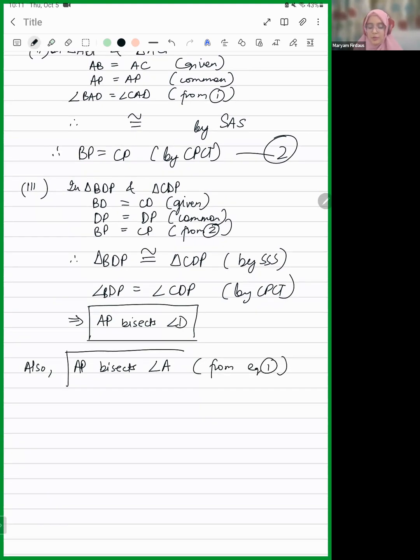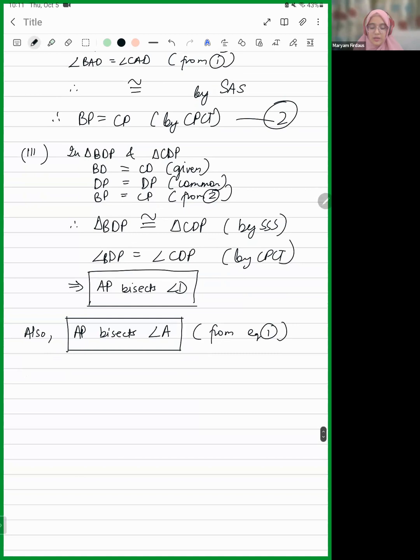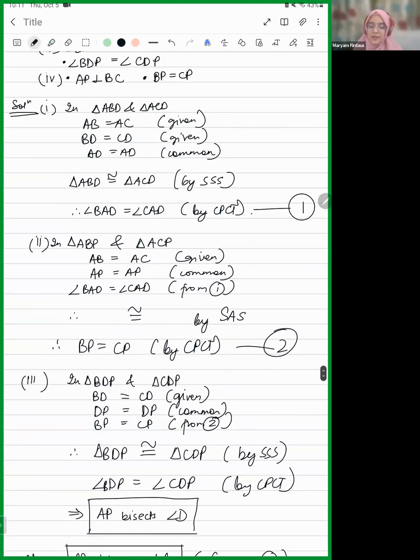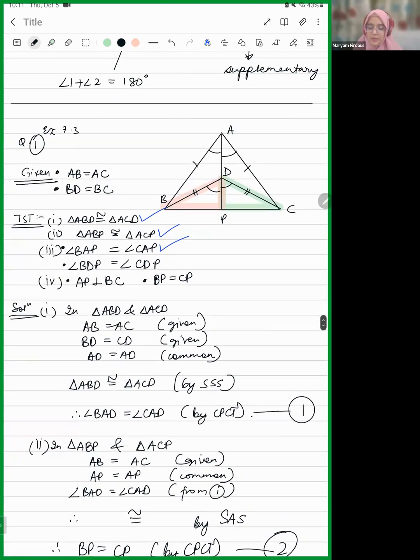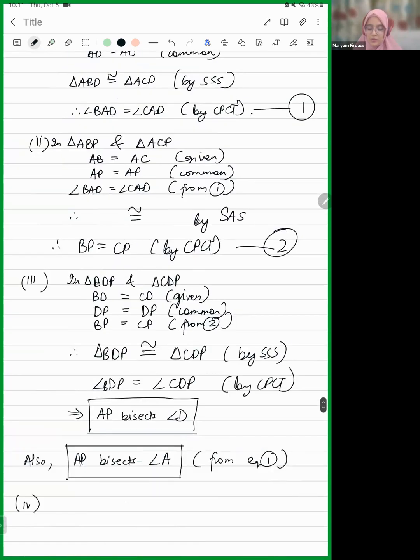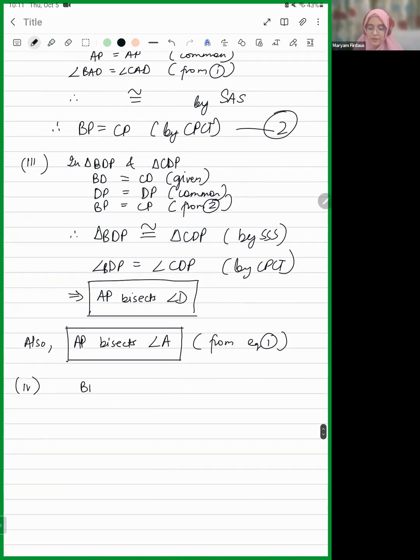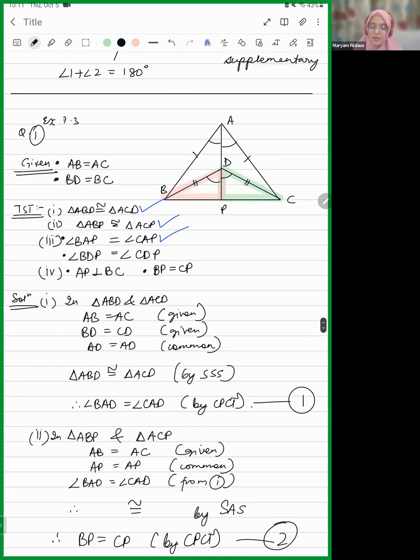So this also you have to write so that the teacher knows that this kid has written the answer for this particular question. Then the fourth one is asking you to show that BP is equal to CP, which we have already shown. So kindly put it inside a box after you show it, okay? From equation 2. Now one last thing is remaining. You have to show that AP is perpendicular to BC. Who will tell me how to do this?